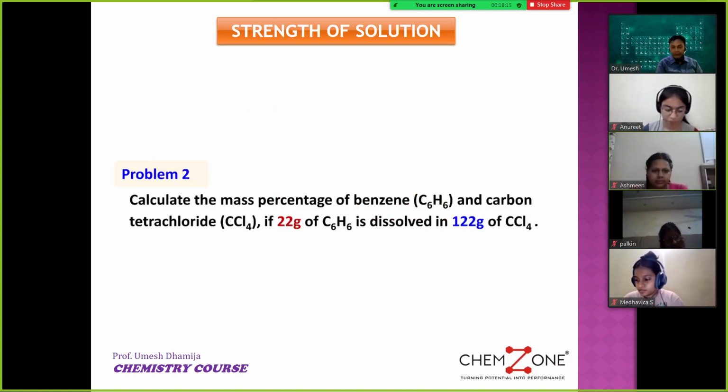So here I have a question. Calculate the mass percentage of benzene and carbon tetrachloride if 22 grams of benzene is dissolved in 122 grams of carbon tetrachloride. Start.